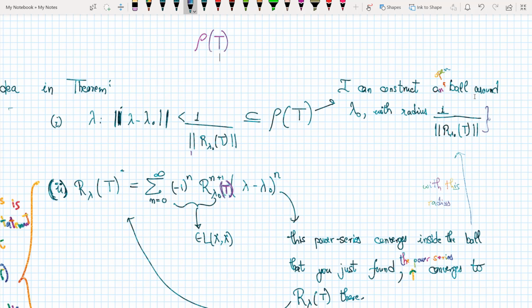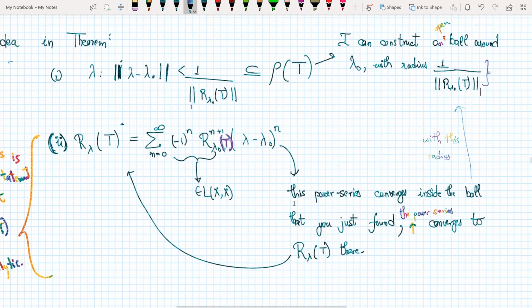So the only takeaway in the first part is that the resolvent set is an open set, because for every lambda naught belonging to the resolvent set, I can construct a ball with radius 1 over the norm of R(lambda naught, T) such that the ball is completely within the resolvent set.